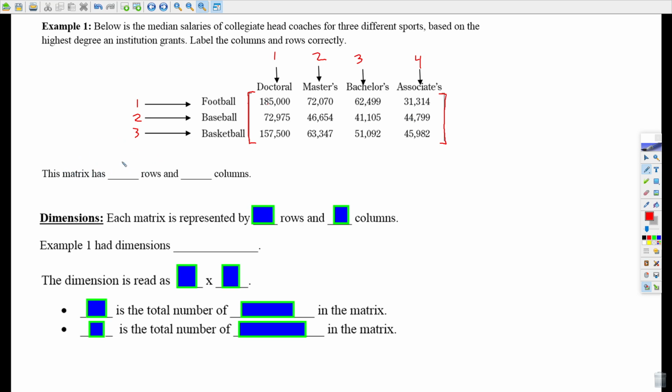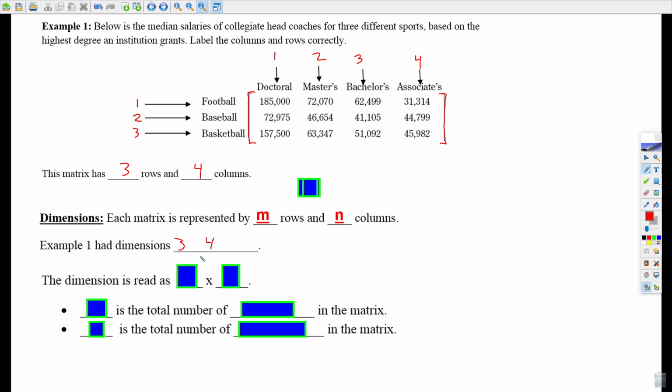All right, so the matrix has how many rows and how many columns? There's 1, 2, 3 rows, and there's 4 columns. Normally we represent this in a certain way. This is called the dimensions of the matrix. Each matrix is represented by first the rows, which we call M, and the columns, which are N. For example, in example 1, the dimensions were 3 rows and 4 columns.